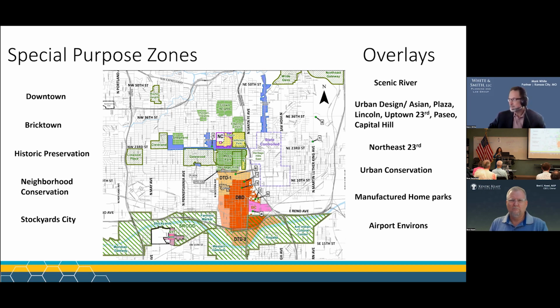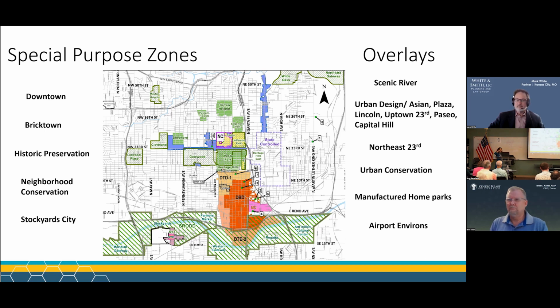Oh, perfect. Okay. So we have the base zones, which include all those R1, R2, R3, C1, C2, C3, I, and then these are base zones. But then on top, you see how it's kind of colors on top, which is very confusing, is extra rules and extra elements of review to make sure that whatever was desired in those zones is occurring.